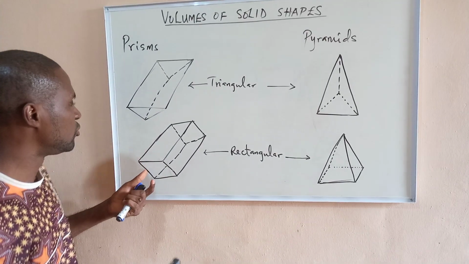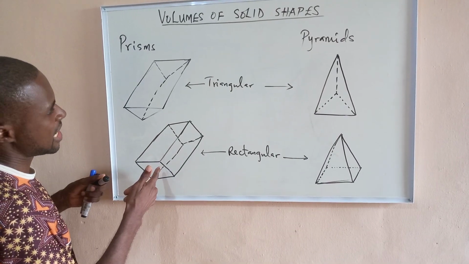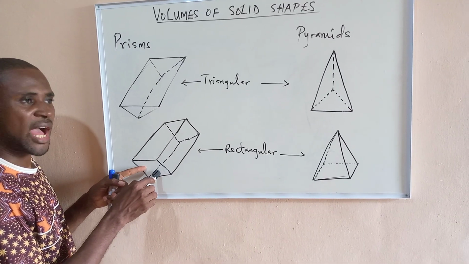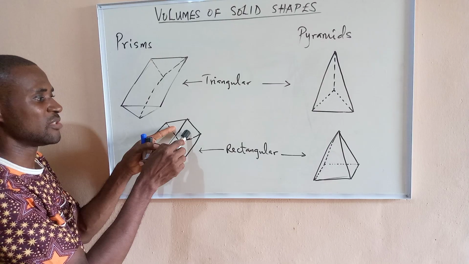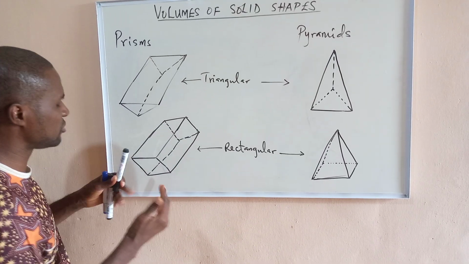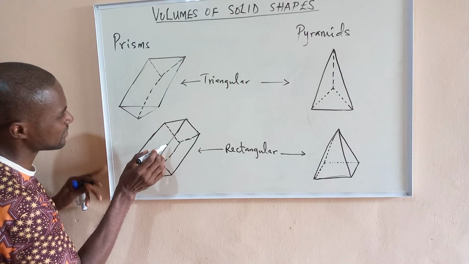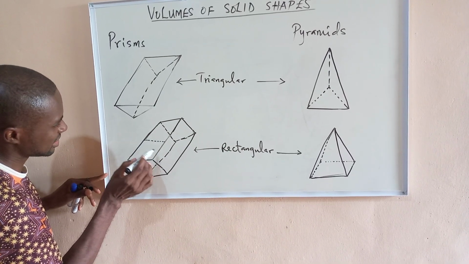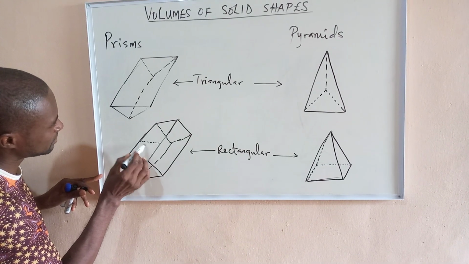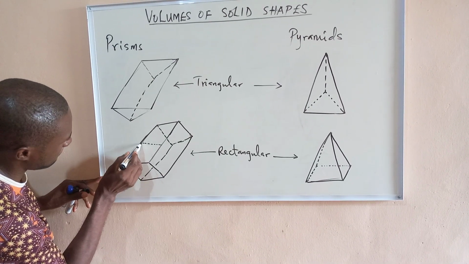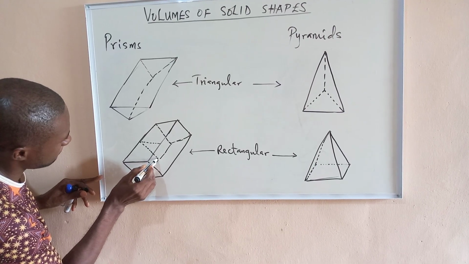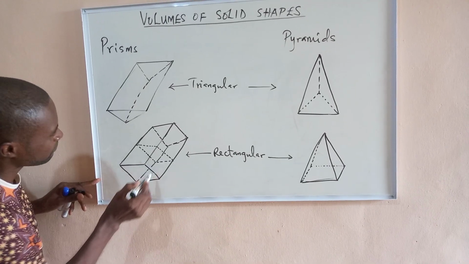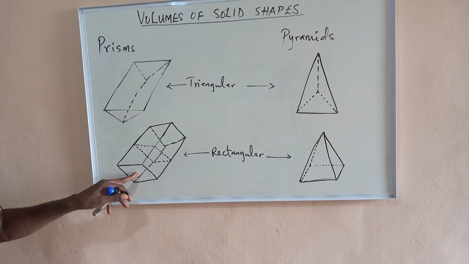At this point also, you see a rectangular prism. A rectangular prism has a rectangle at the base and also a rectangle at the top. Now, when you check this, if you cut across any point, for instance, cutting across at this point, you will see that you are still having the same shape and size.